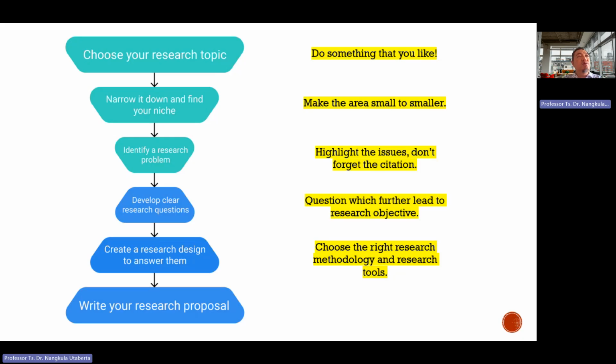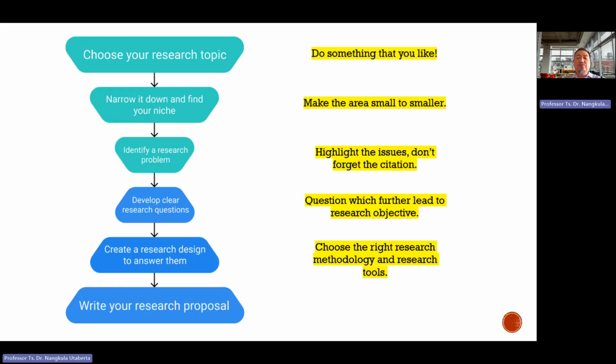Even though in the first assignment you are distributed into different disasters, at the end, during your individual assignments, you are allowed to choose whatever disaster you want. So you have freedom on that. You can cross into other people's disasters and you can join them. Once you decide on your research topic, you need to narrow it down and specifically find your niche. Then you go on to identify research problems.